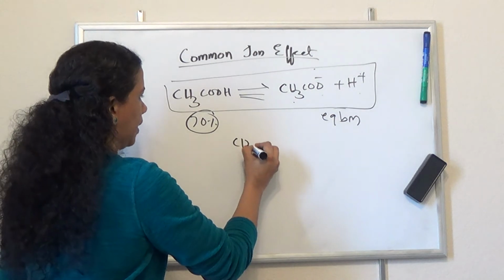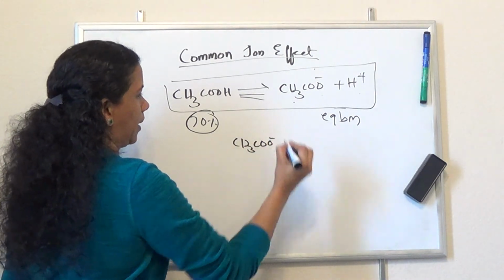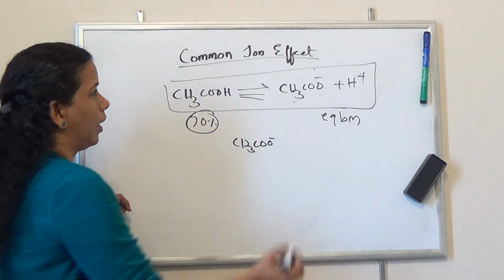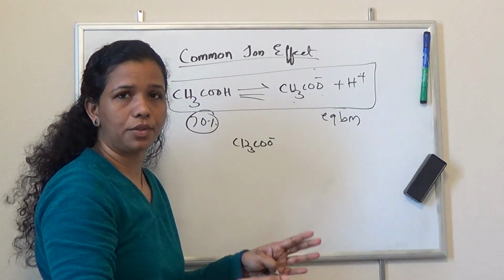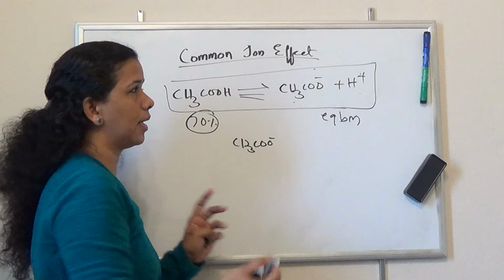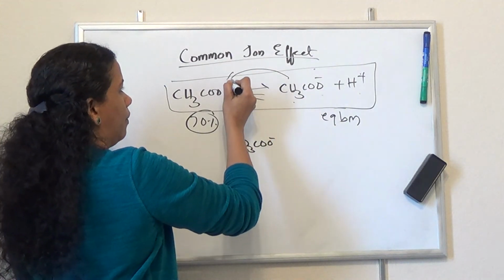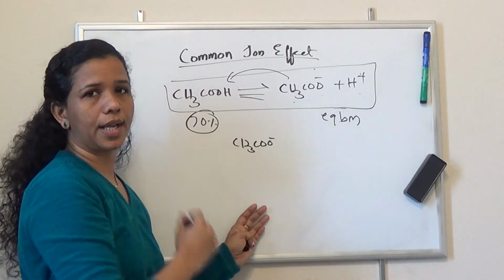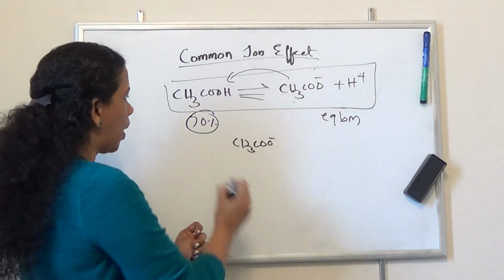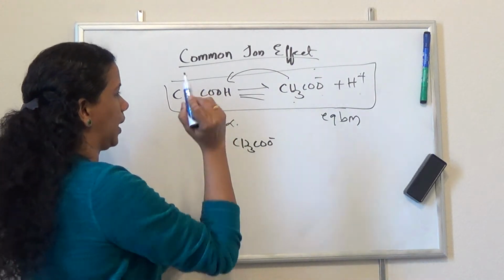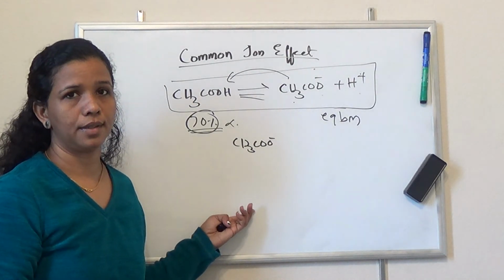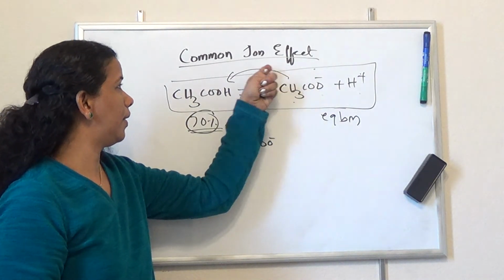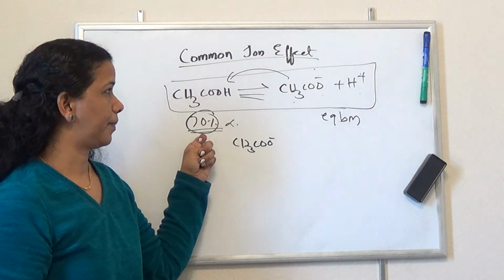Suppose we are adding CH3COO minus. Then the concentration of product increases. The system will try to decrease the products by shifting to the left, that is, the backward reaction takes place. So what happened to the extent of dissociation? Does it decrease or increase? Yes, here it will decrease.